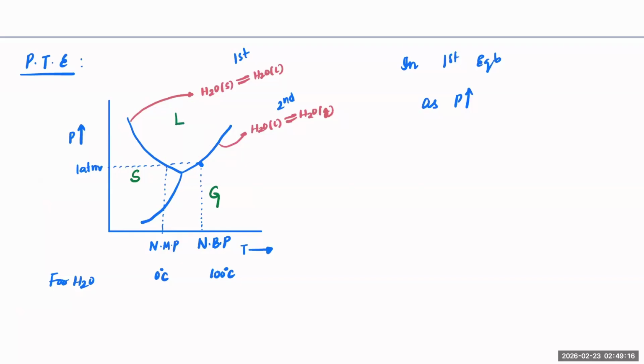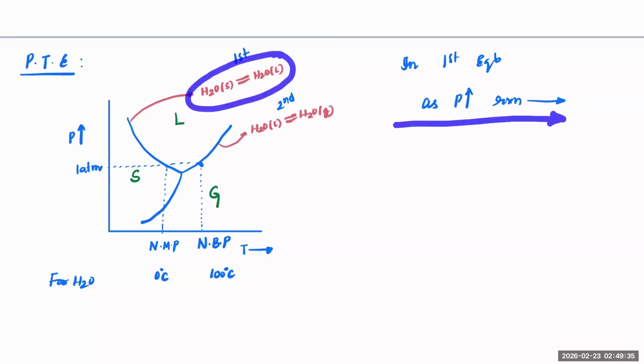Liquid zone means forward direction. So the reaction will move in the forward direction, correct? As pressure increases. So if you are operating at a higher pressure, the reaction will go in the forward direction. So remember, at 2 atm or 1.5 atm, if you are operating this equilibrium, the reaction will start moving more in the forward direction. It comes with the fact that liquid has more density than solid.